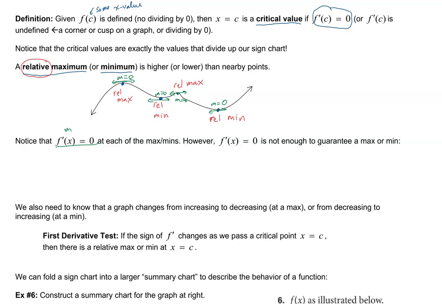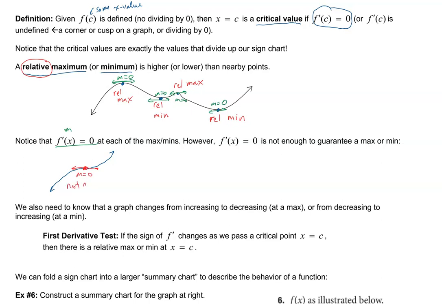Okay, so here's an example. What if our graph comes up and then levels off as though it were going to go down again, but then decides to go back up again, all right? Right there in the middle, if I've drawn it well, there could be a moment of 0 slope, and yet it's not a max or min. Oops.